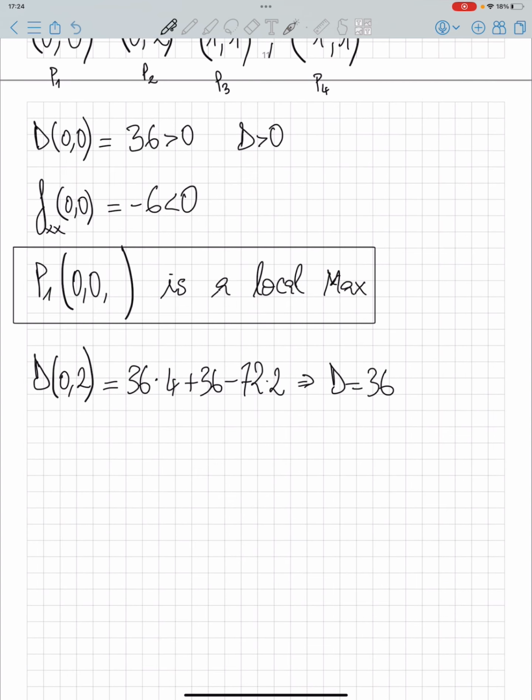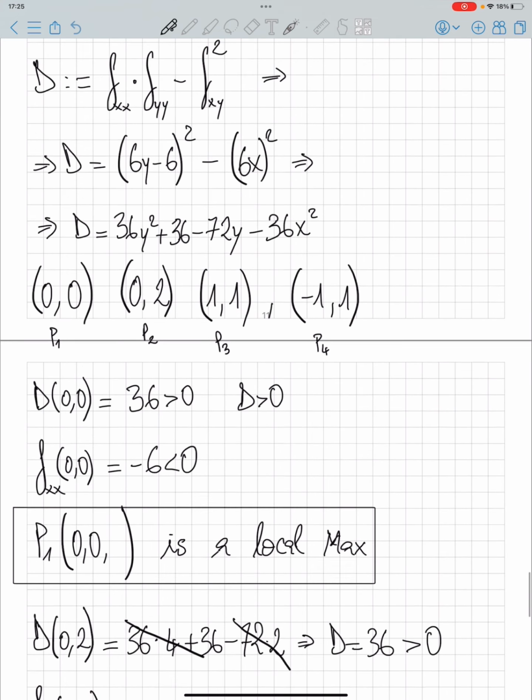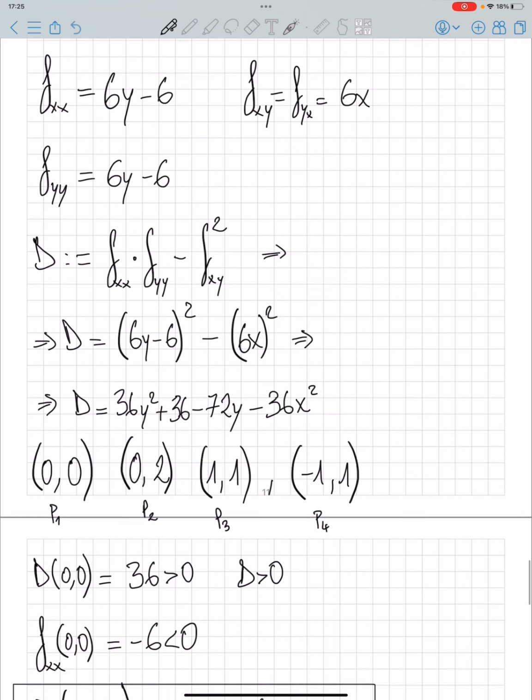This is going to be equal to 36 because this and this cancel out, and then we're going to be left with 36. So in this case, D is also greater than 0. So then we need to look at fxx in this case at 0, 2, right?